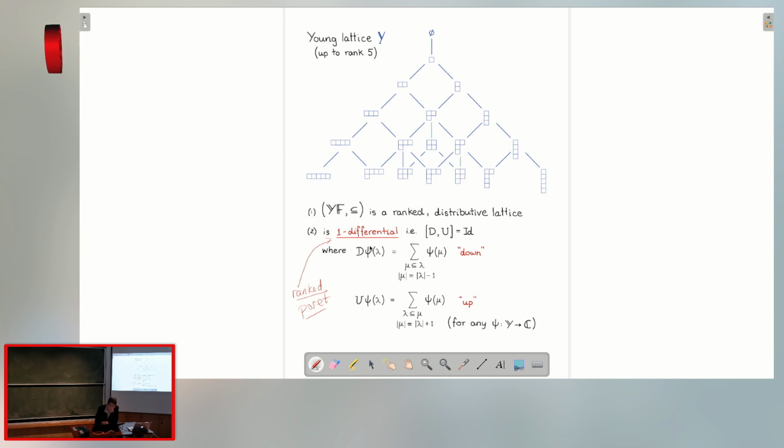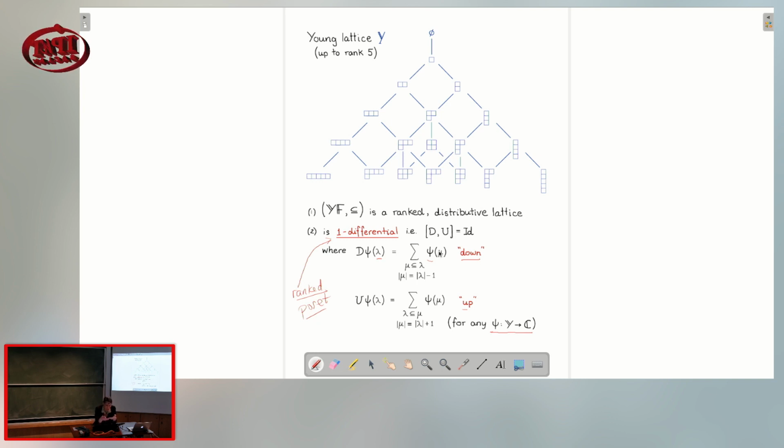But in addition to being a ranked poset, there should be two operators. So we have what's called a down operator and an upper operator. These are operators on, say, complex valued functions on the lattice, and the down operator is just going to sum, at lambda, the values of psi for all mu which are covered by lambda.